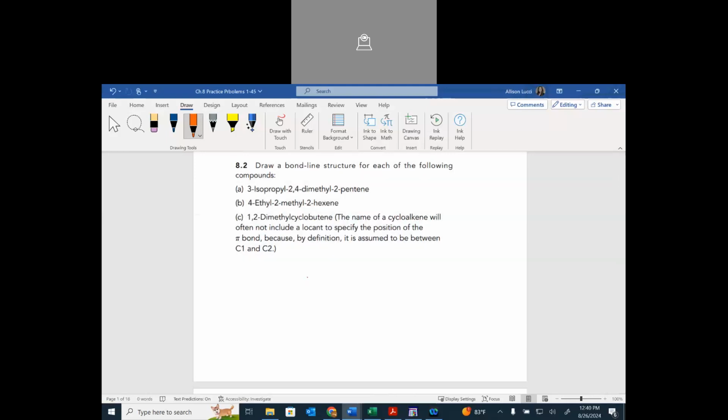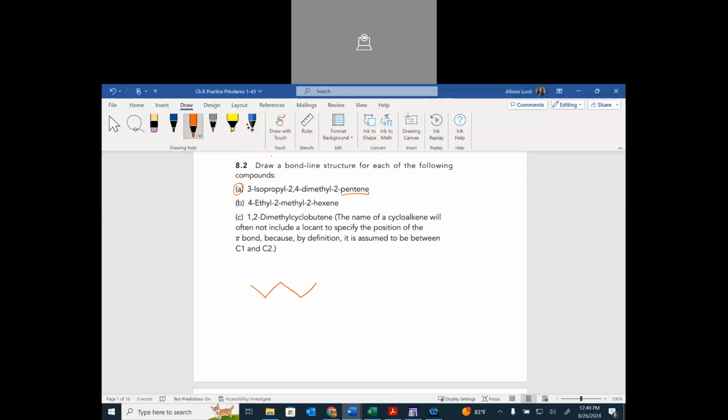So for 8A here, we'll start with that one. We have 3-isopropyl-2,4-dimethyl-2-pentene. So just like when we're working the other way, we start with the identification of the parent. So we'll also start with drawing our parent, right? So we need 5 carbons, so 1, 2, 3, 4, 5.